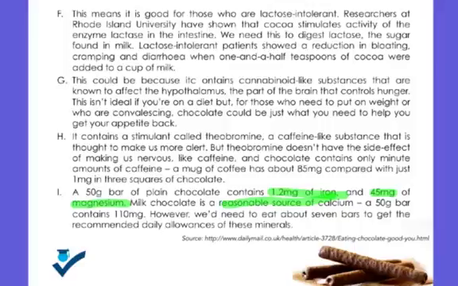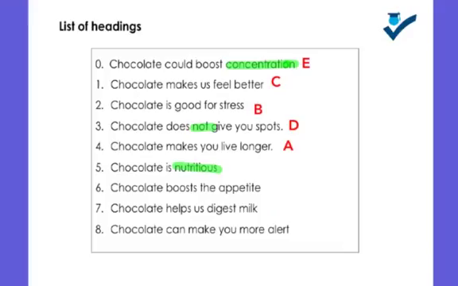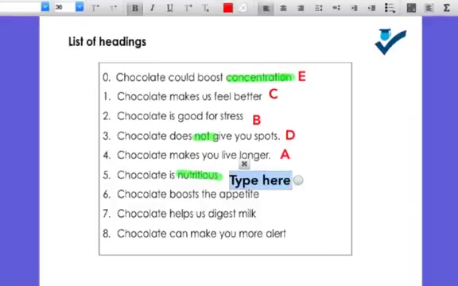It contains lots of healthy minerals. So this indirectly tells you that it's nutritious in itself, because it contains iron, magnesium, calcium, and we need about 7 bars to have the recommended daily allowances of these minerals. So paragraph I would be heading 5.